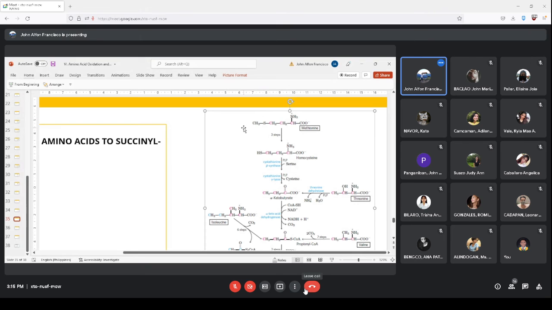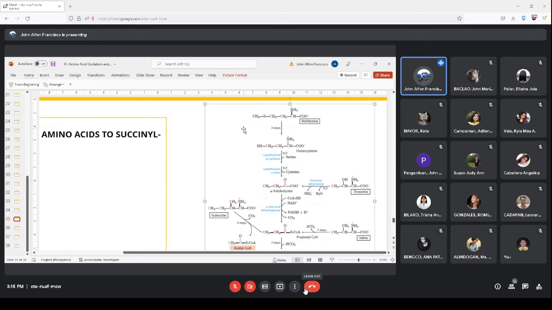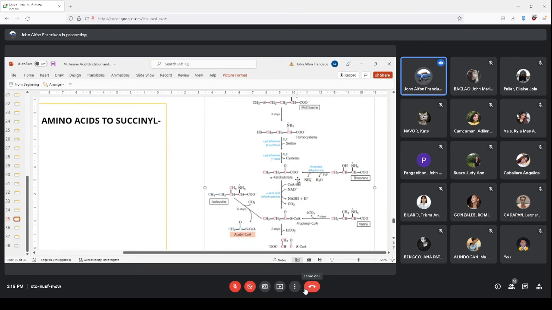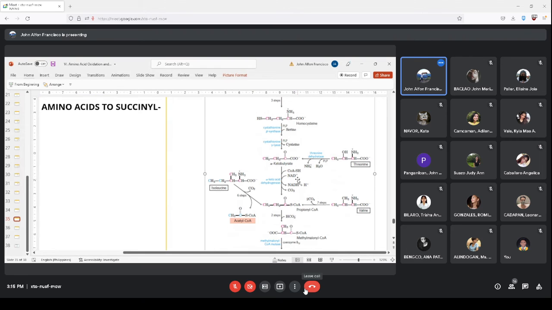Then, in addition of serine and removal of cysteine, you have your ketobutyrate. This ketobutyrate is the end product of threonine. It has an OH-containing group. You just remove your water here and then remove your ammonia.